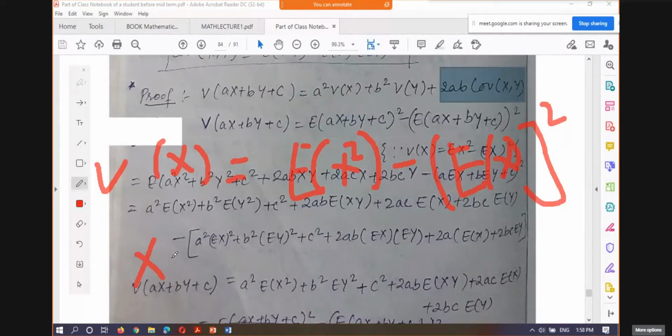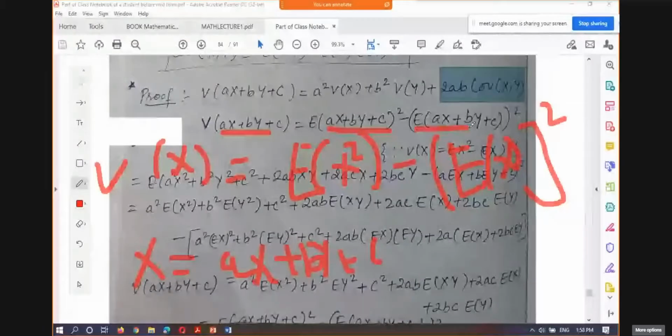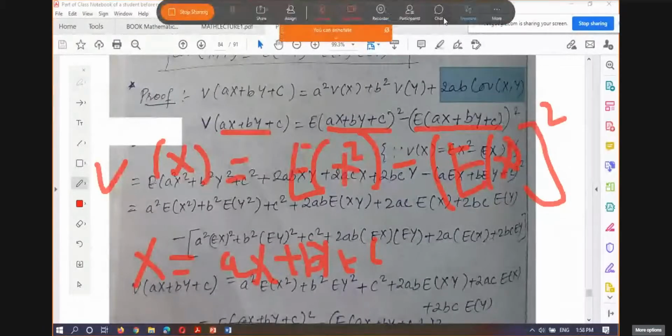And here, capital X is like this, ax plus by plus c. So in this definition, it is expectation of this square minus expectation of this whole square. So I use that definition of variance of x.